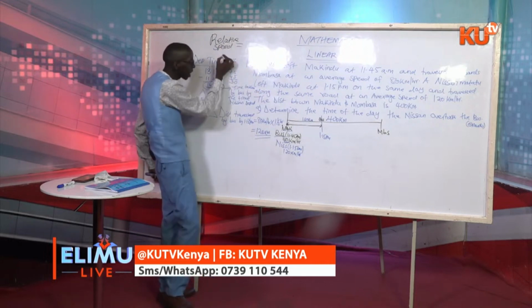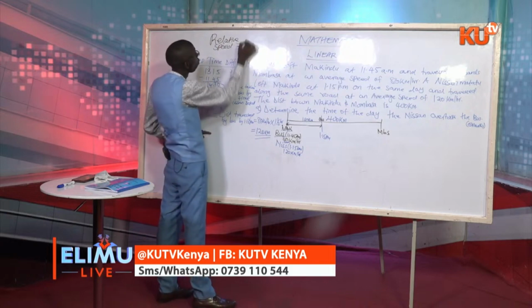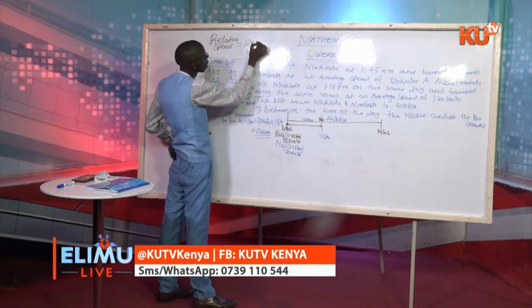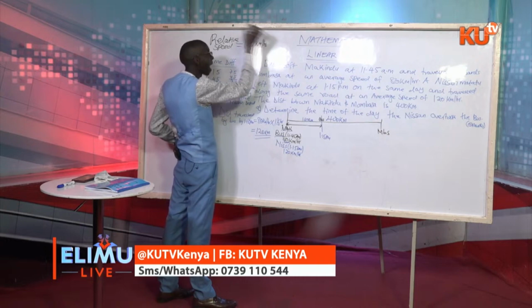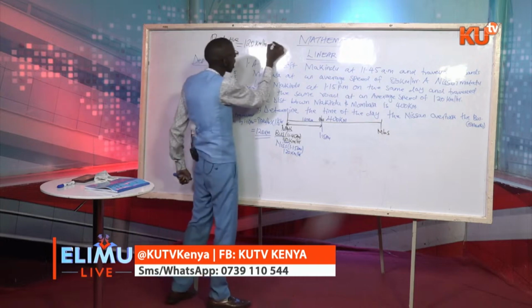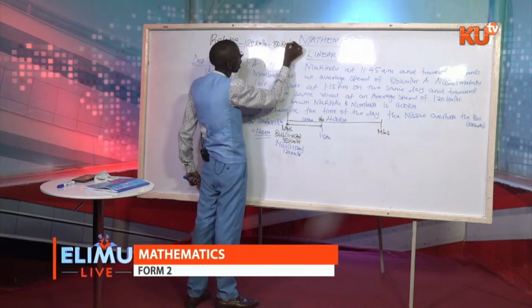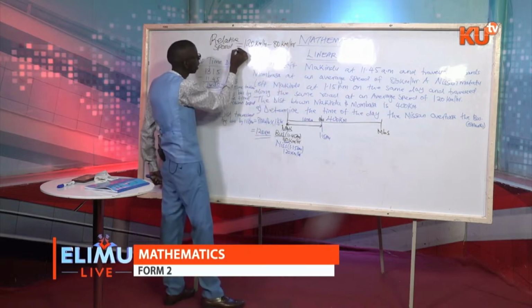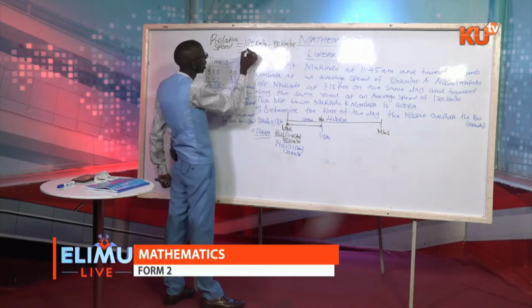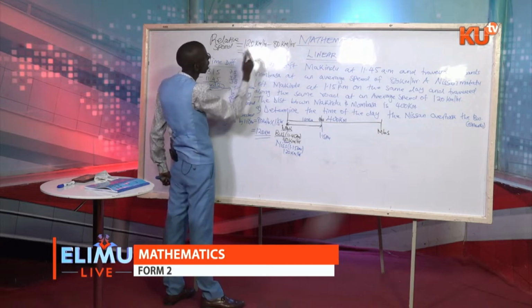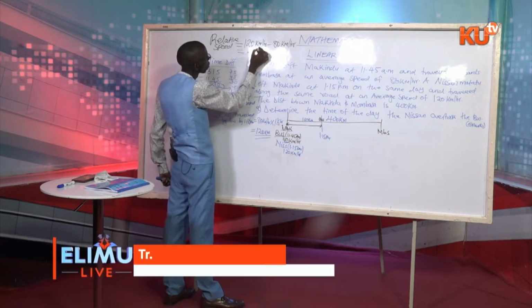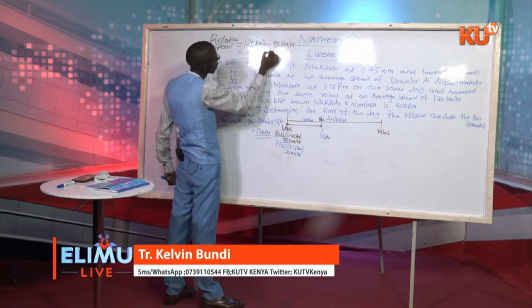So the relative speed will be 120 kilometers per hour, that is the highest speed, minus 80 kilometers per hour, which is the least speed, and our relative speed will be 120 minus 80 is 40 kilometers per hour.